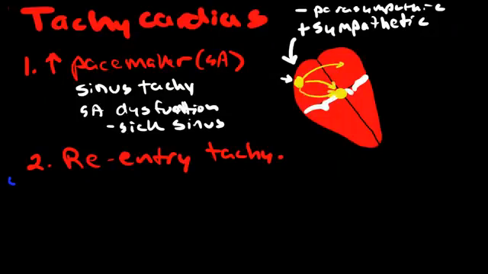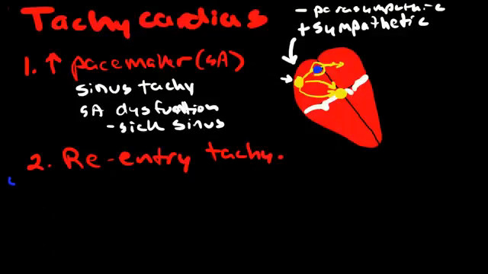But if we have something that disrupts this pathway, if we've got some kind of scar tissue or something that slows or blocks that tissue, what happens is the action potential is going to travel around it, which is fine.